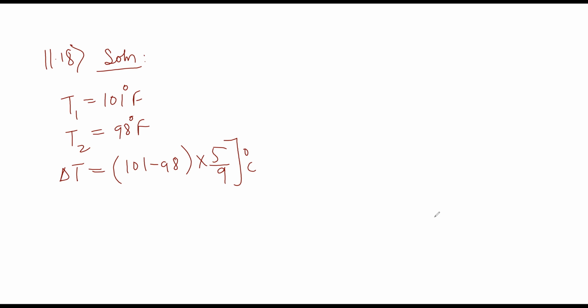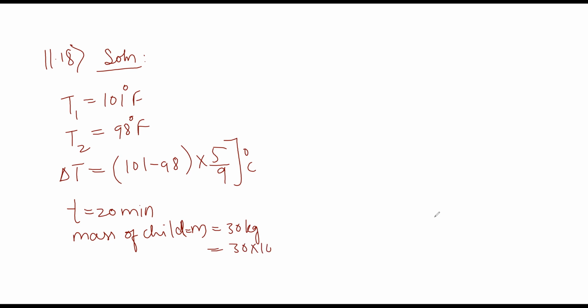So time taken to reduce the temperature, T is equal to 20 minutes. Mass of the child, M is equal to 30 kg, they have given. If we convert into grams, it becomes 30 into 10 to the power of 3 grams.